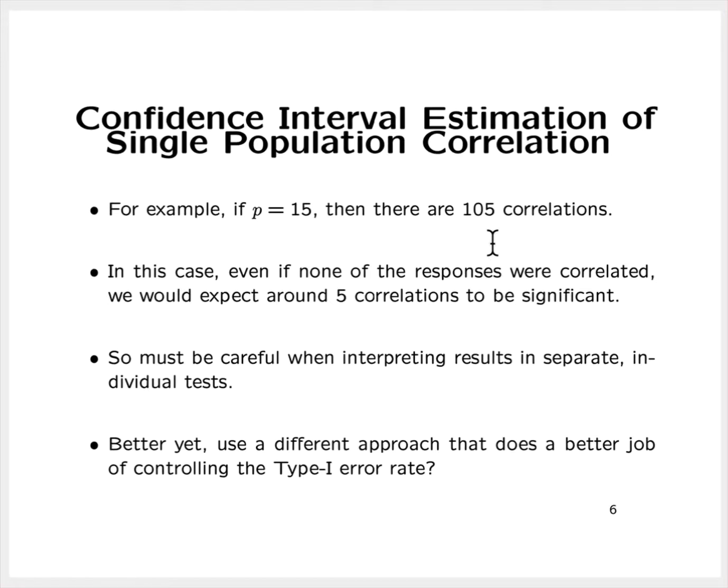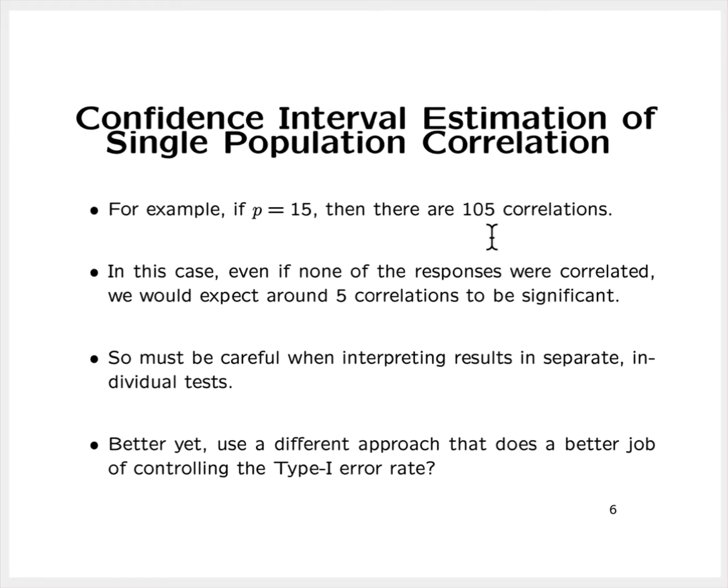Now, in the same way, in this context, when we are wanting to make inferences about the correlations between our response variables, we need to have some way of managing and controlling the overall type 1 error rate. And again, one approach that I had talked about a few minutes ago was using a Bonferroni adjustment.